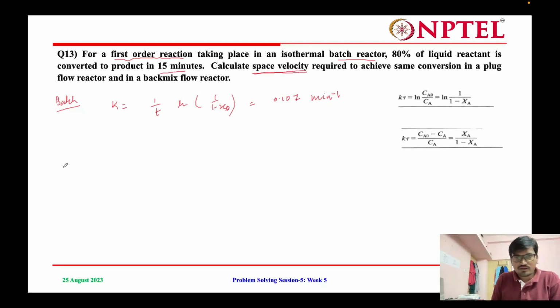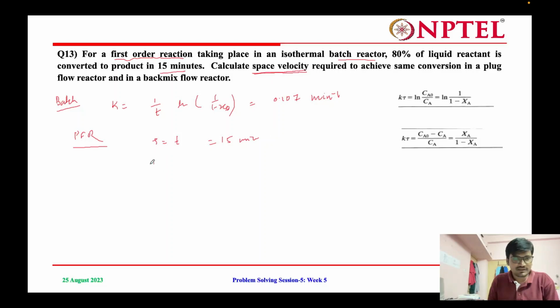Now you have to calculate the space velocity for PFR and CSTR. So first check the PFR. For PFR, the space time is equal to the holding time. For the batch reactor, the holding time is 15 minutes, so the space time for the PFR is the same, 15 minutes.